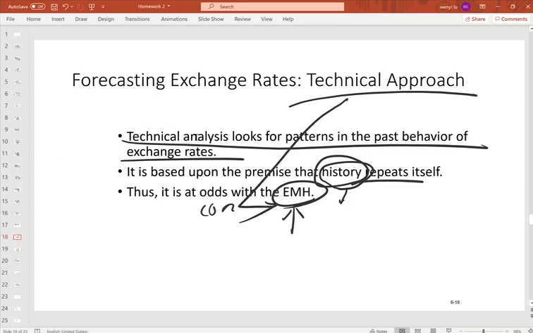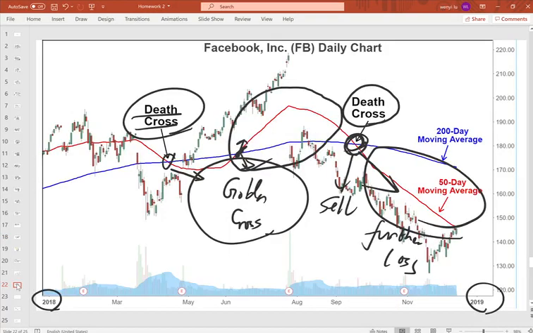That's why we can use historical patterns to determine the trend now or in the future, and why we use experience to find the patterns. One is a golden cross, one is a death cross. Why? Because our short-term moving average is more sensitive to the price change.